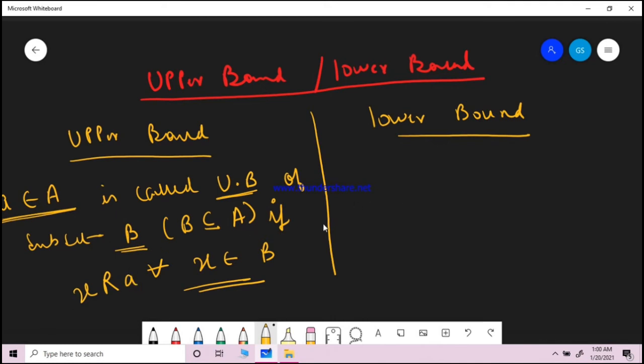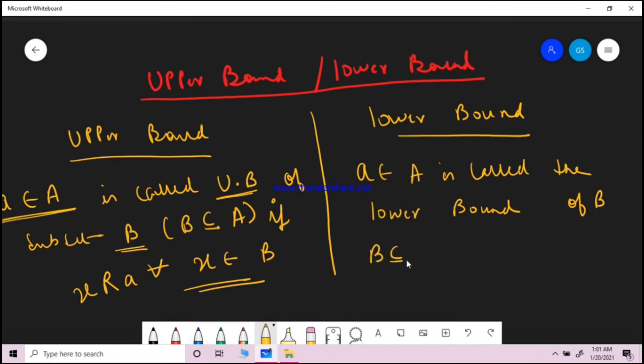First of all, let me write down the definition. In the same way, this is called the lower bound of B, where B is a subset of A, if a is related to x for all x belongs to B. What does that mean?